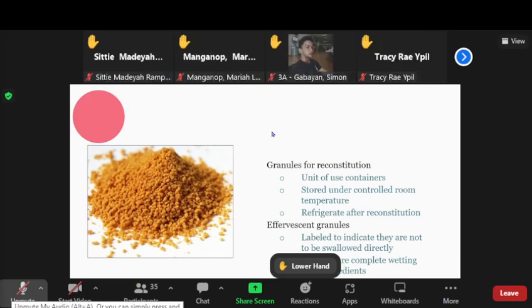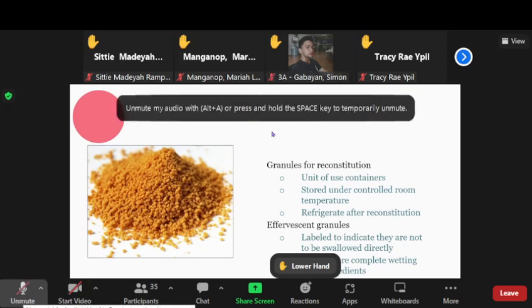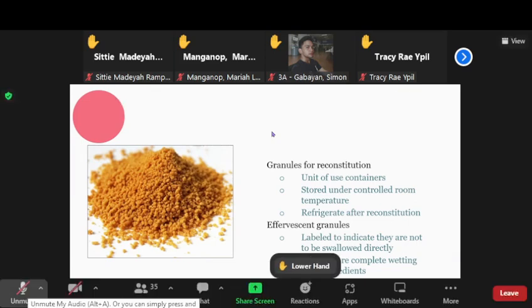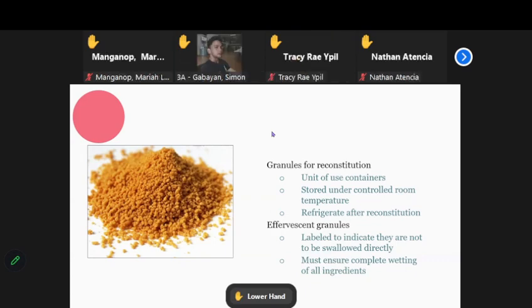Like your Coca-Cola product, right? The release of carbon dioxide, what does it do?